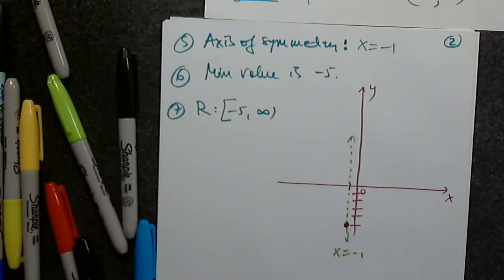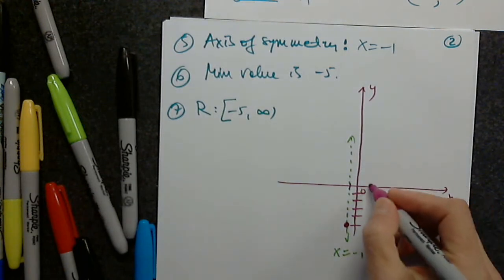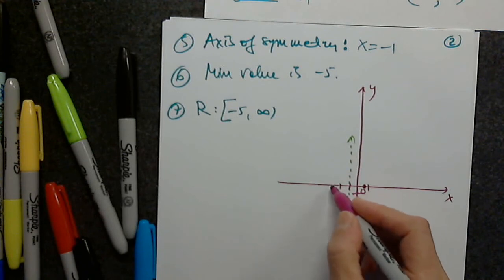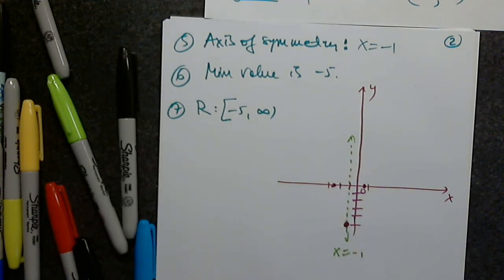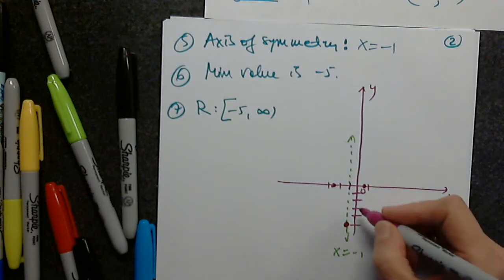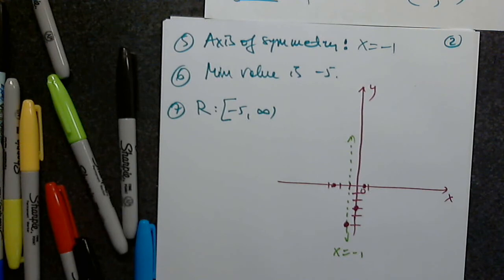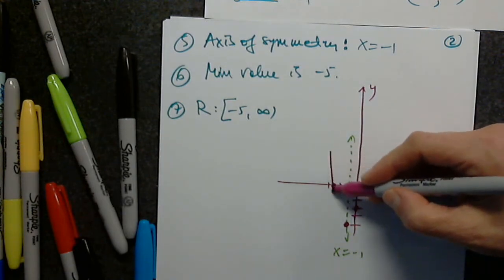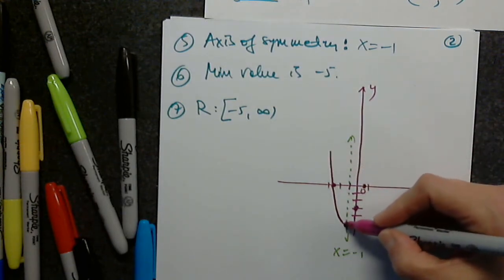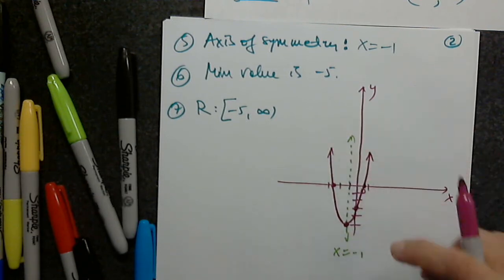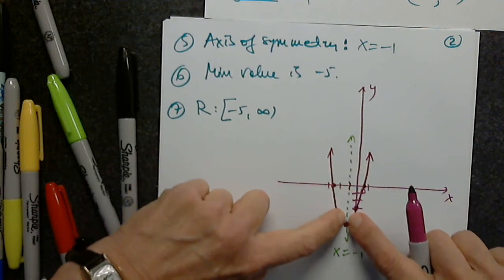The x-intercepts: if this is 1, I'm going to say 0.6 is here. 1, 2, 3, 0.6 is here. And the y-intercept 0, negative 3. Okay? We know everything about this function, no secrets whatsoever. I'm going to try to make it as symmetric as possible. That's the role of this line.